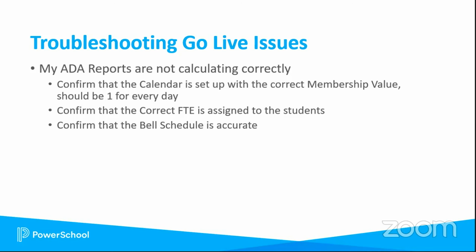So if it's not correct, you're going to have attendance report issues. And confirm that your bell schedule is accurate, because if it has overlap, it's going to have too many minutes, so attendance might not calculate correctly. If you have too many minutes being reported in your bell schedule, it's going to inflate your attendance numbers. And that's the type of thing that will cause attendance reporting issues.